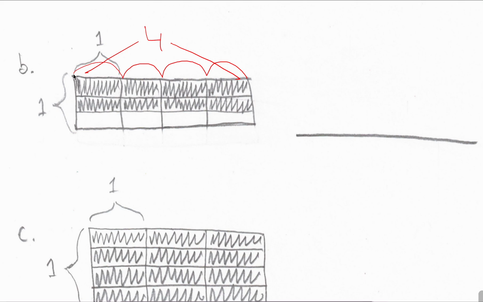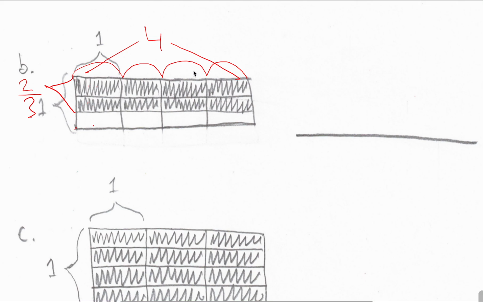And of the shaded region, from here to here only, not the whole thing, because that would be one whole, but I have 2 shaded. 2 out of what? 2 out of 1, 2, 3. 2 out of 3.